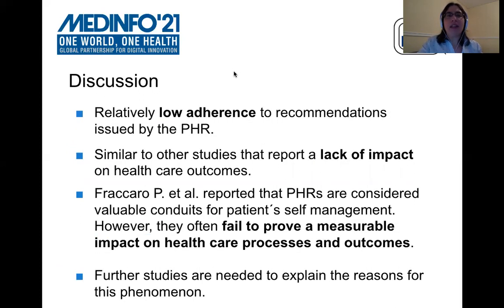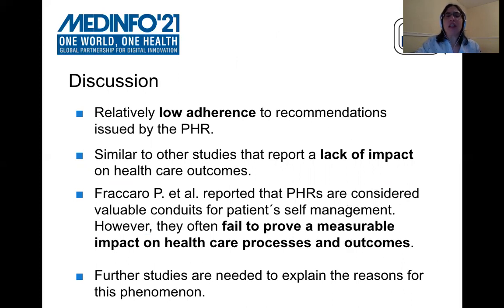So our findings suggest that there is a relatively low adherence to recommendations issued by the PHR. These findings are similar to other studies that report this lack of impact on healthcare outcomes. As an example, this research reports that PHRs are considered valuable conduits for patient self-management.